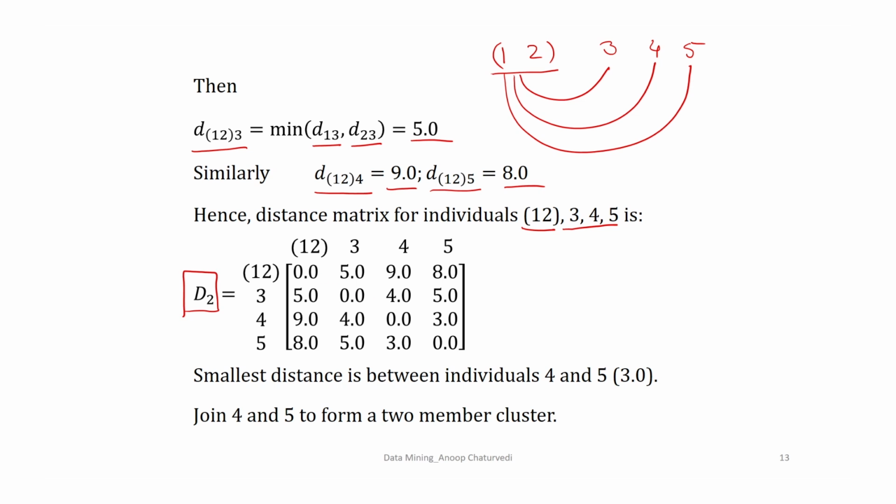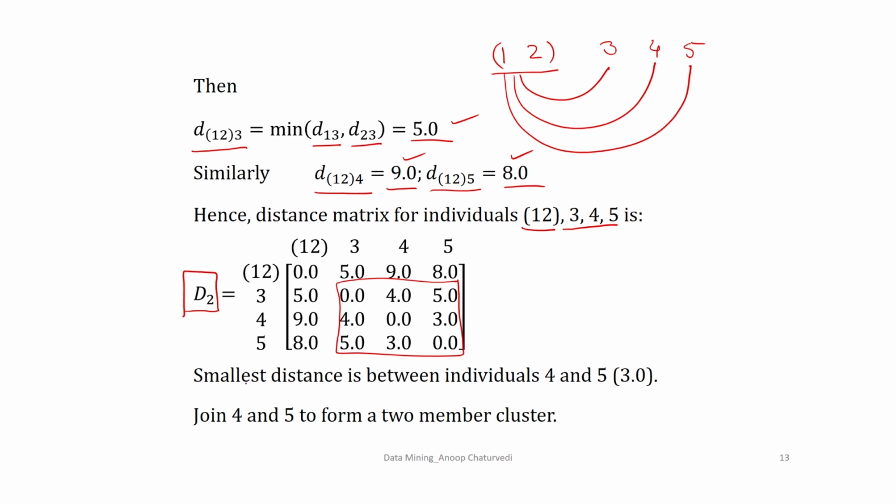So, in the diagonal you have 0, then the distance between D1, 2 and 3 is 5. The distance between D1, 2 and 4 is 9, and the distance between D1, 2 and 5 is 8. And the remaining elements are the same as D1.